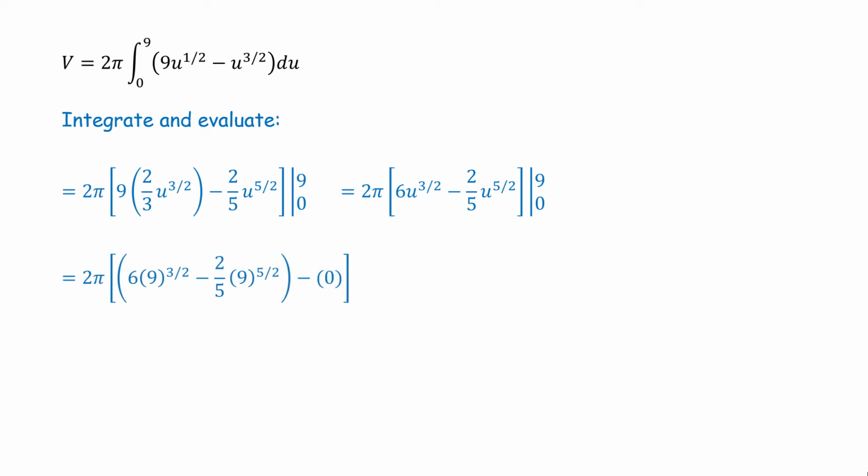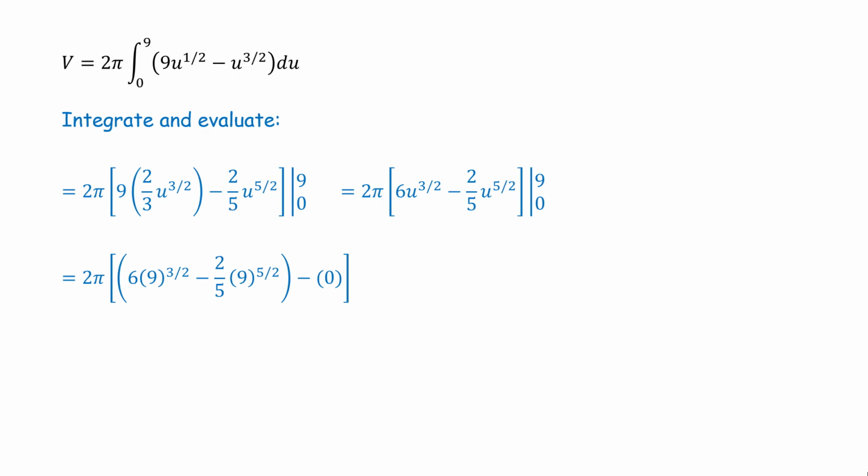We'll put in 9 every place there is a u in the integral. Don't forget the 2 pi. And then in parentheses inside the brackets, we'll have 6 times 9 to the 3/2 minus 2/5 times 9 to the 5/2, and it's minus 0. 6 times 0 to a power is 0, 2/5 times 0 to a power is 0 as well.